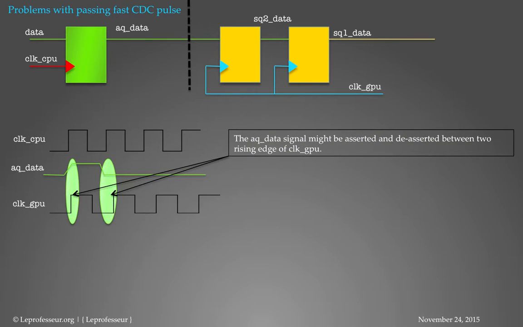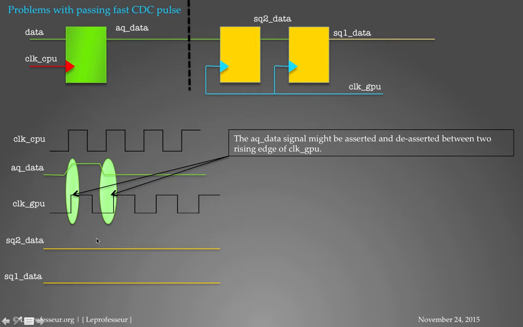If the receiving clock domain's period is too short, its pulse width or time period is not big enough, and the data is changing too fast, then it might happen that this AQ data is asserted and deasserted within one clock cycle of the receiving clock domain. This is not the right behavior.